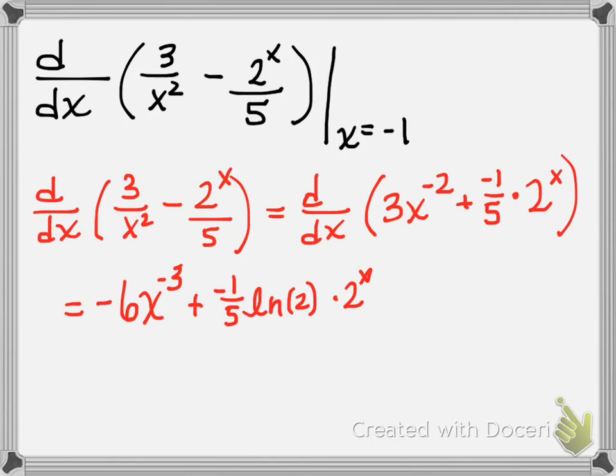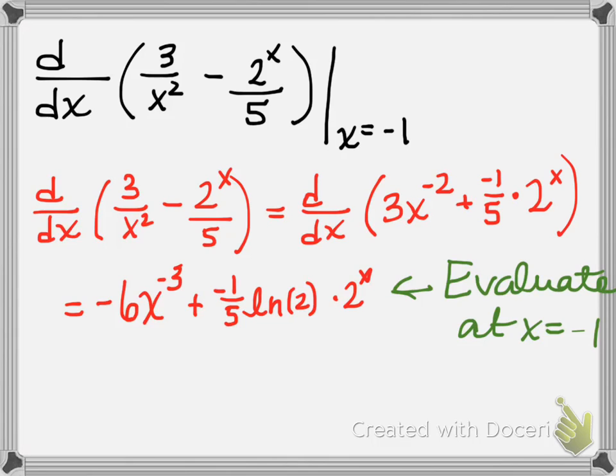Now, what we want to do is actually take this derivative and evaluate at x equals negative 1, which means we want to put in negative 1 for all those x values.